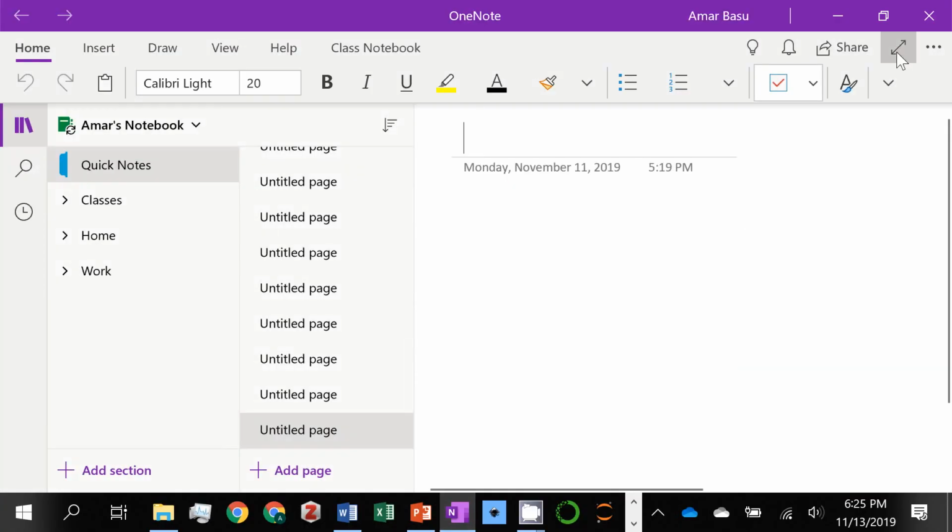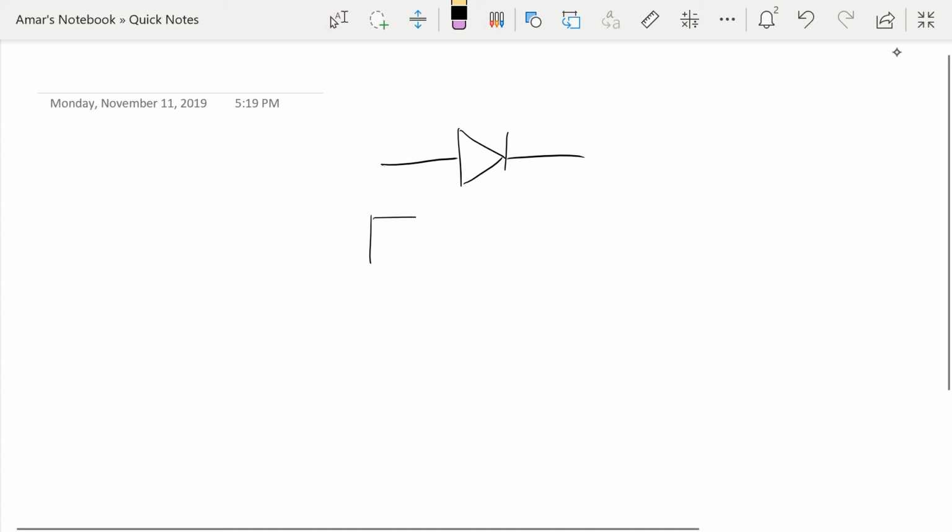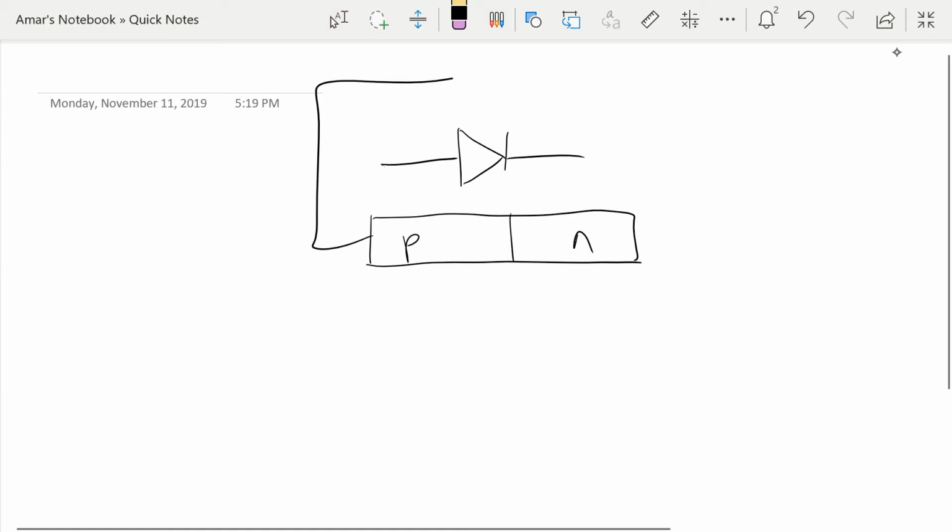I'll have a bigger whiteboard here. All right, so let's say you have a diode. Here's your P material and the N side and the interface here. This is being connected to a voltage source like this.